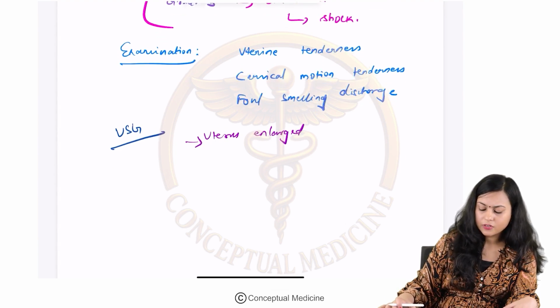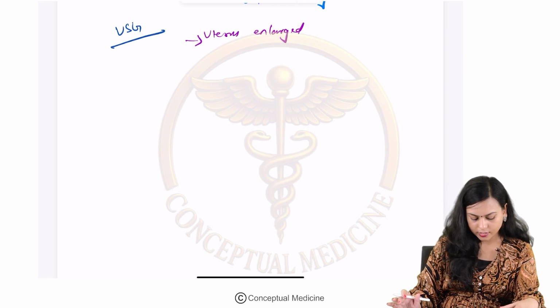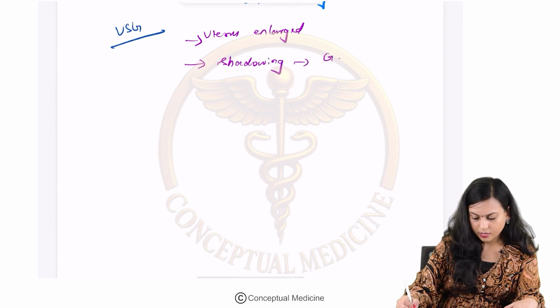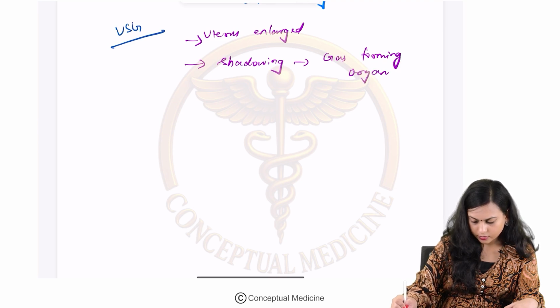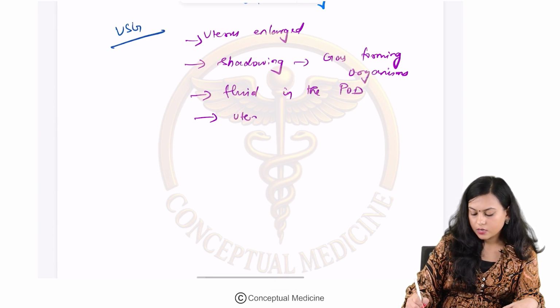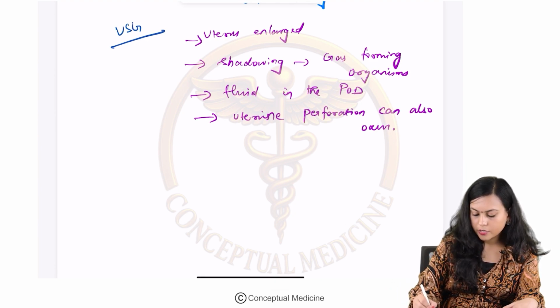Because there is a collection of so many gases that will be collected due to the septic process, and there can even be shadowing when there are gas forming organisms, and fluid can be appreciated in the pouch of Douglas. Sometimes uterine perforation can also occur. Now, how do you manage?